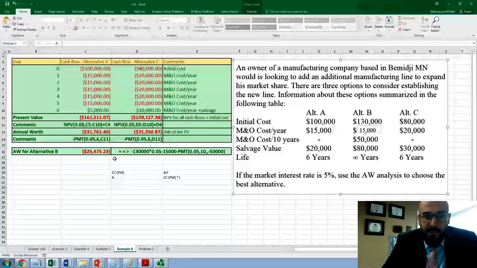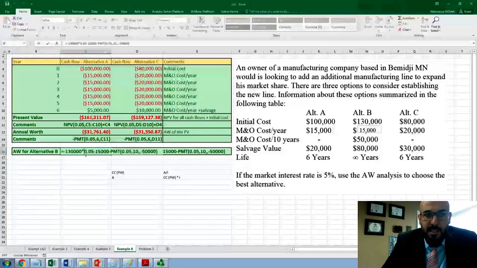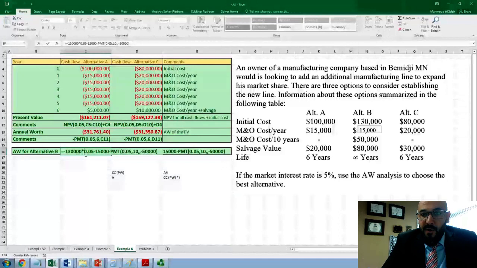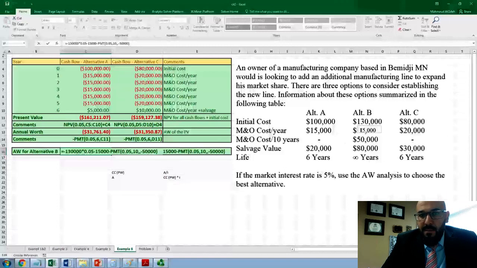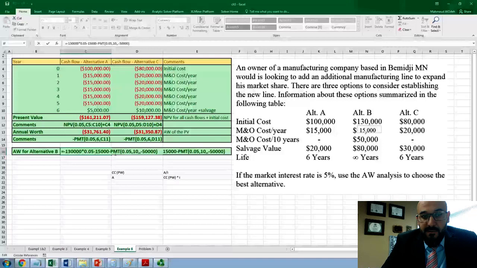Just one more time for the infinity case, just to make sure that it's clear. For the initial cost, we multiply it by the interest rate of 5%. For the annual maintenance and operational costs, we add it as is. Make sure it's negative.